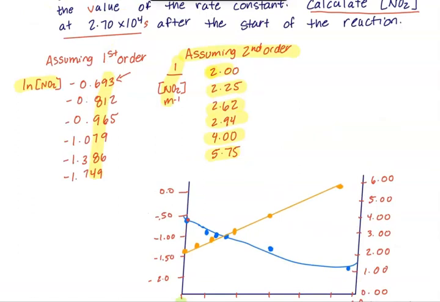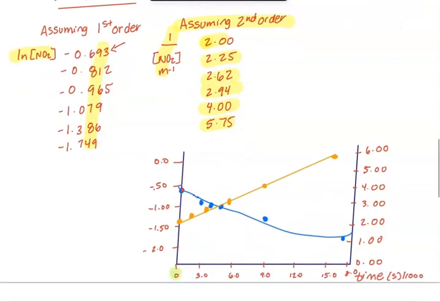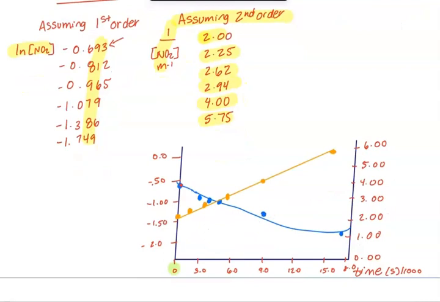I see right here that on my second order, my highest number is 5.75. So I set my highest number to be 6 and my lowest number to be 0, all on my y-axis. So this will be assuming second order, 1 over NO2.